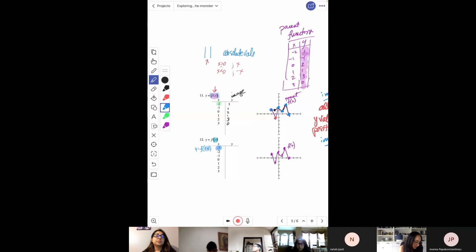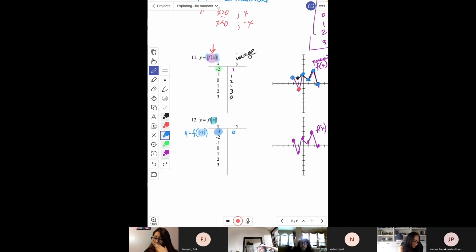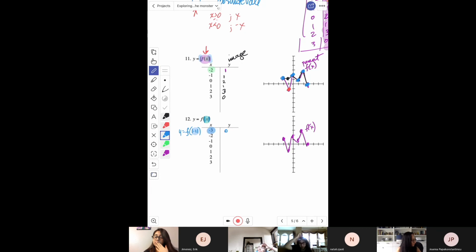The function evaluated at 3 is 0. So yeah, you answered the output. Okay, so you're first taking the absolute value of each of the inputs, right? And then you're finding the function evaluated at that new absolute value. So we're still waiting for Christopher and Ariana to finish that last one, and then describe to me what's happening.